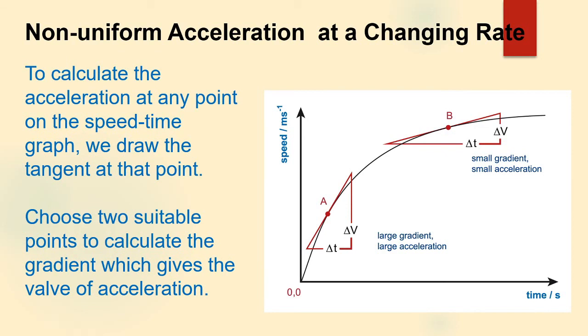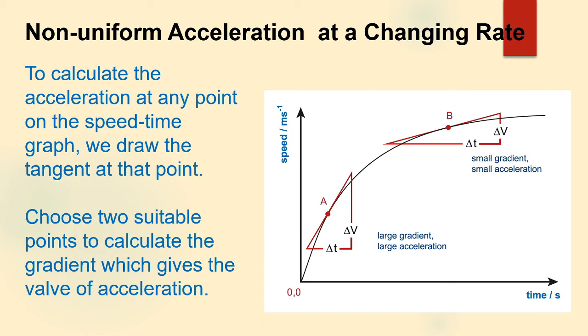The previous graph was a uniform acceleration. Now we are going to see non-uniform acceleration at a changing rate. The previous graph had a constant rate, and this is the changing rate. To calculate the acceleration at any point on a speed-time graph, we draw the tangent at that point.